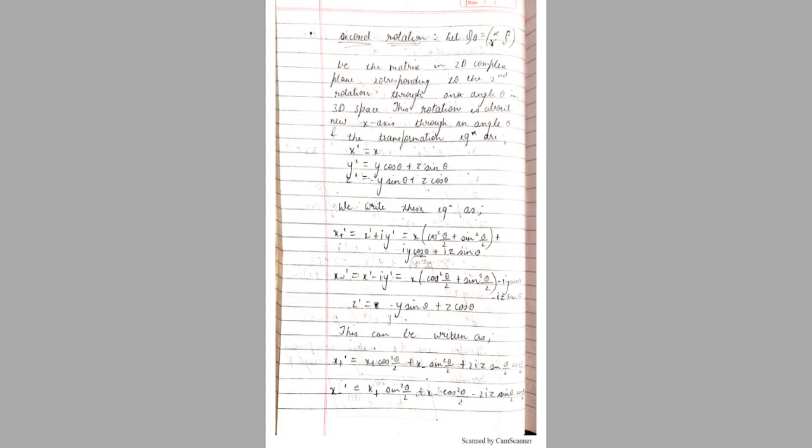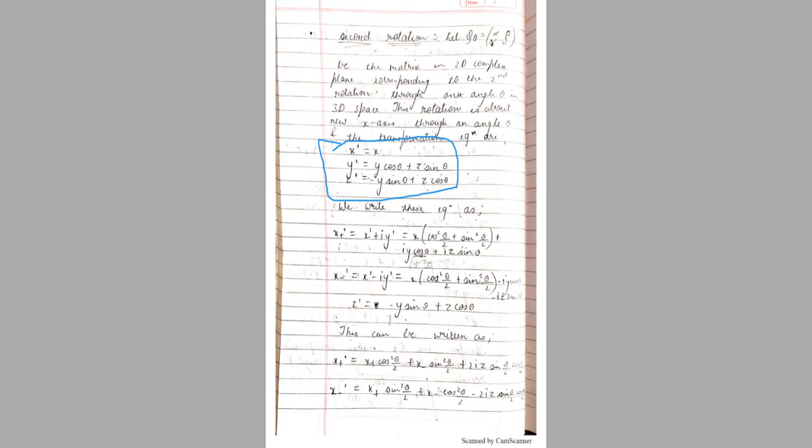After the first rotation, the coordinate axis will change its position and we will get a new x-axis, and we will rotate the entire coordinate axis about the new x-axis through an angle theta, and hence we will obtain these as my new coordinates. These are the coordinates after such a transformation.